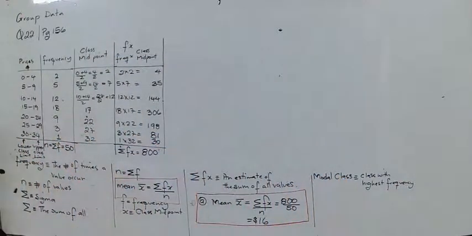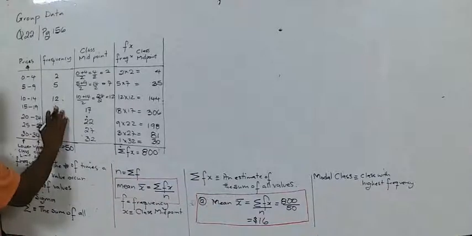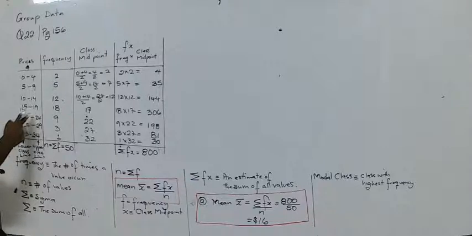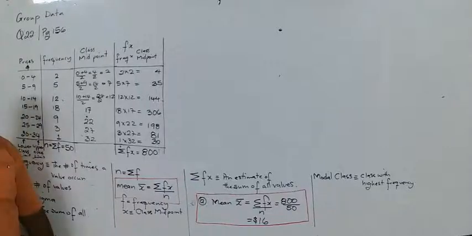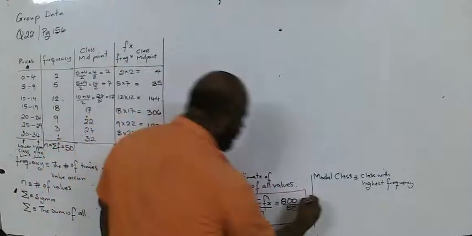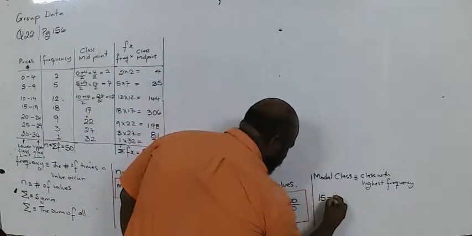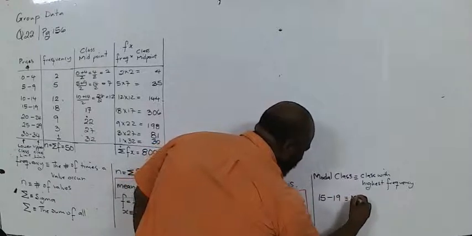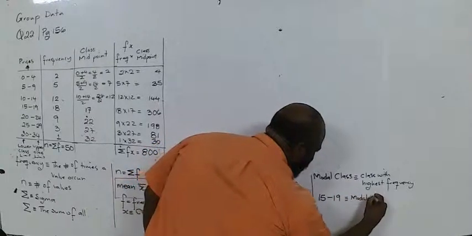What is the highest frequency? 18. That corresponds to which class? Which group? 15 to 19. 15 to 19 is what you call the modal class. So 15 to $19 is the modal class.